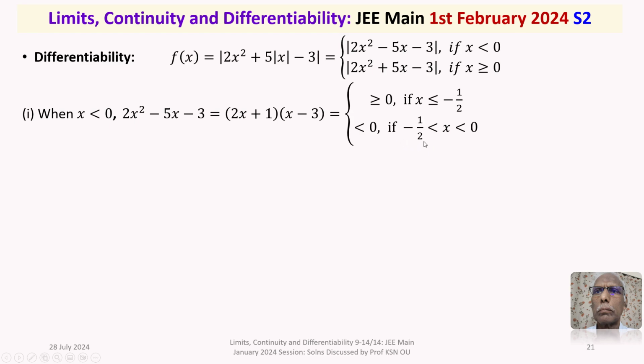Minus 1 by 2 less than x means 2x plus 1 is greater than 0, and x minus 3 is also less than 0.